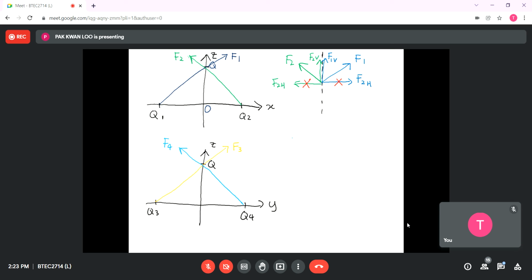Okay, same goes for Q3 and Q4. The location of Q3 and Q4 is also symmetrical.